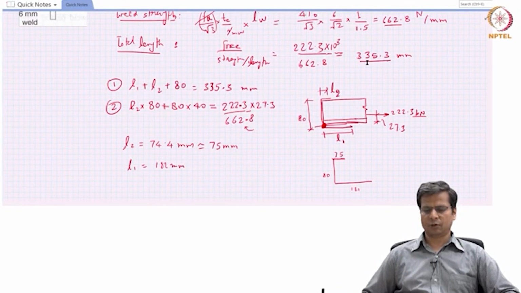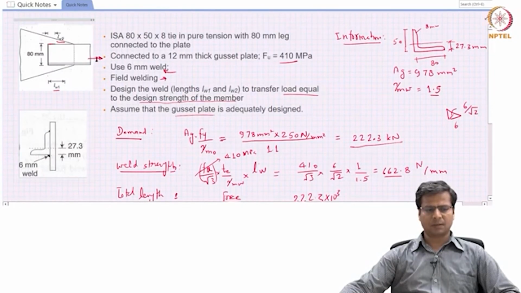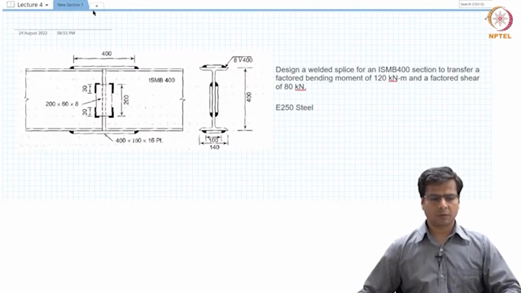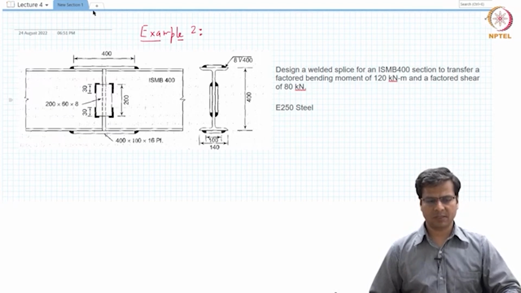So this will be the total weld length to be provided to be able to resist the applied load concentrically. Okay, so now we should do another example, again using a fillet weld system. In this example, we will see how to design a beam splice. These are all simple connections, so that's why we are discussing them here.